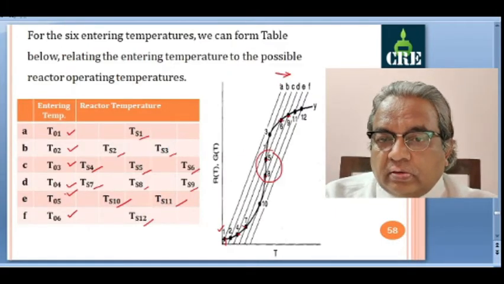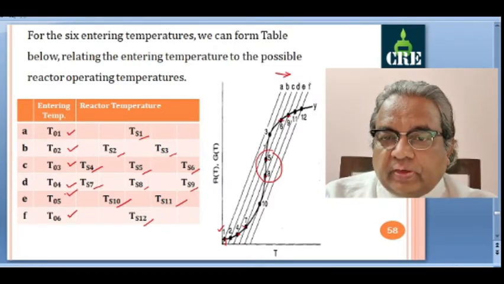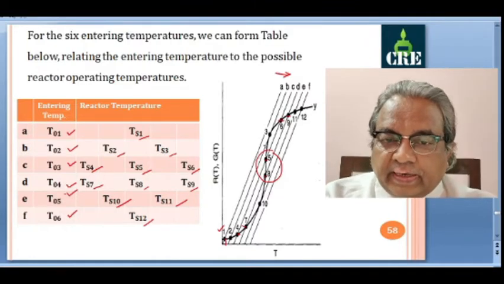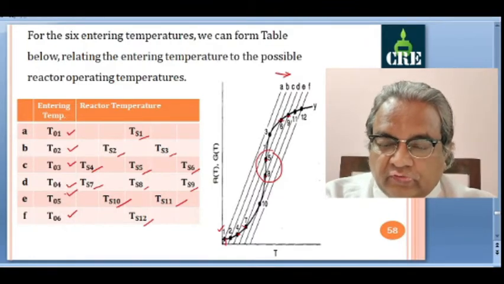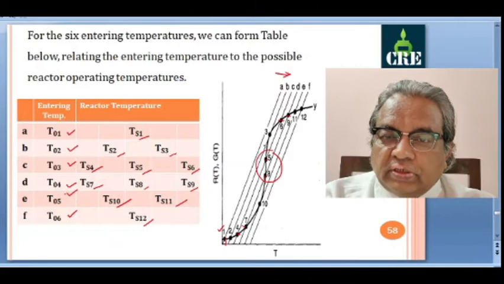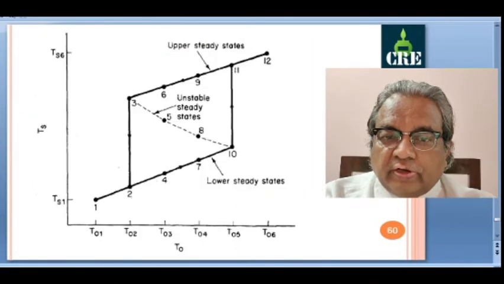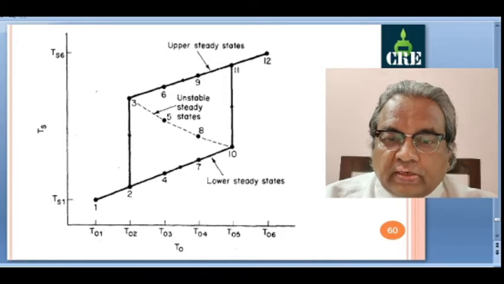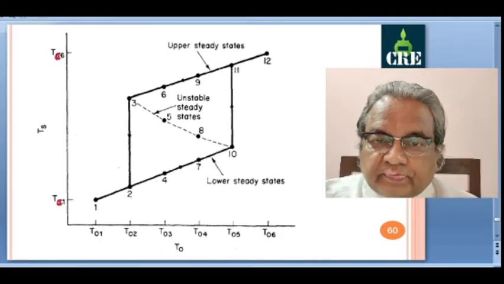So these are representing 1, 2, 3, 4, 5, 6, and these 6 values of T01, T02, T03, T04, T05, T06, and that corresponds to TC1, TC2, TC3, TC4, TC5 and TC6. So these are steady states TS1 to TS12.